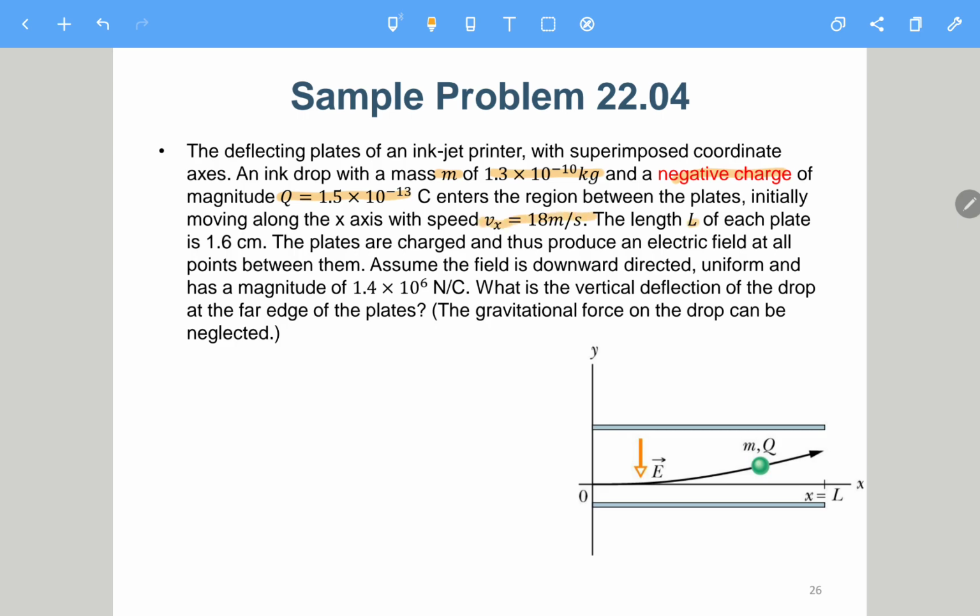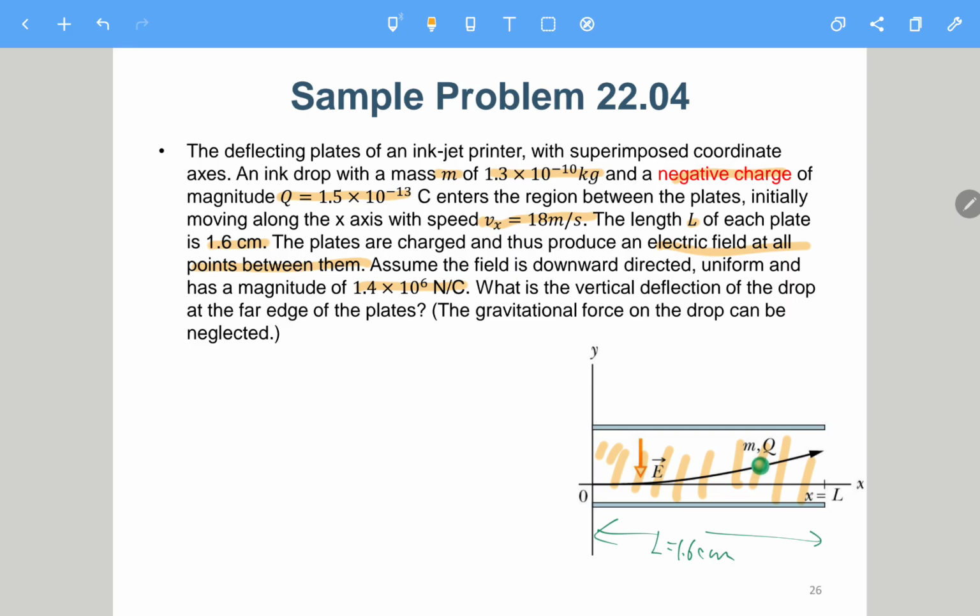The length L of each plate is 1.6 centimeter. The plates are charged and thus produce an electric field at all points between them. So we have an E field in this area. Assume the field is downward directed, uniform, and has a magnitude of this value. What is the vertical deflection of the drop at the far edge of the plate?